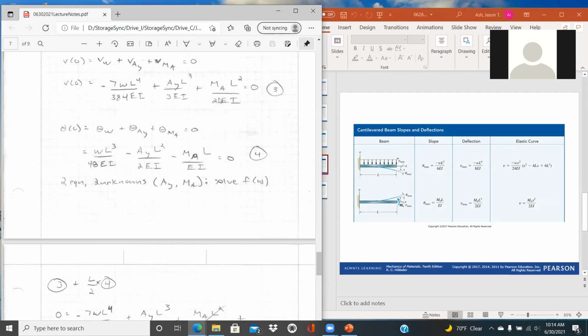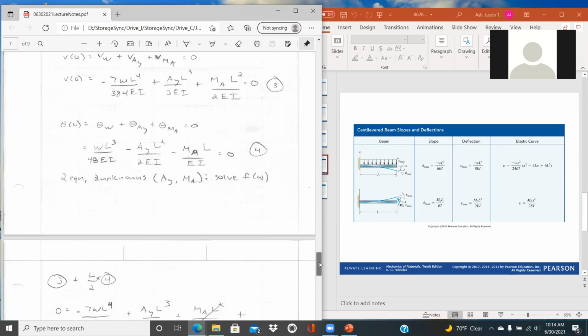And then if I sum those together, those 2 terms would then cancel out. And so all I'm going to do then from a Gauss elimination standpoint is take equation 3 plus L over 2 times equation 4. And life will be easy to solve for these.